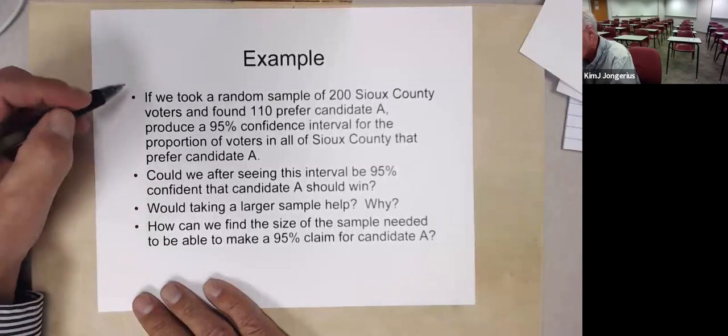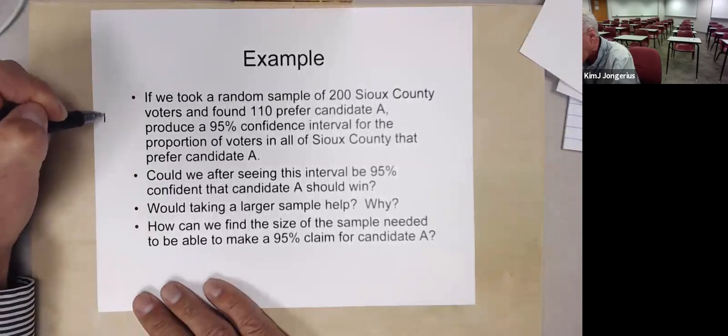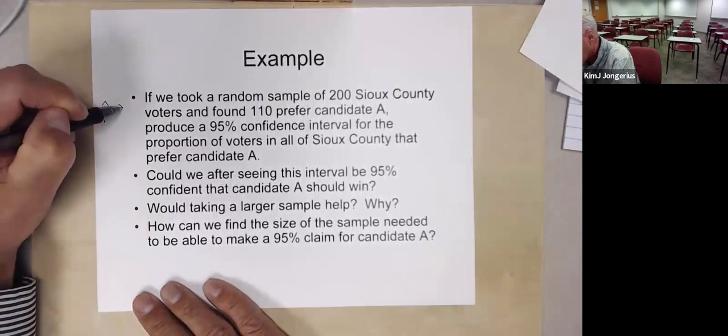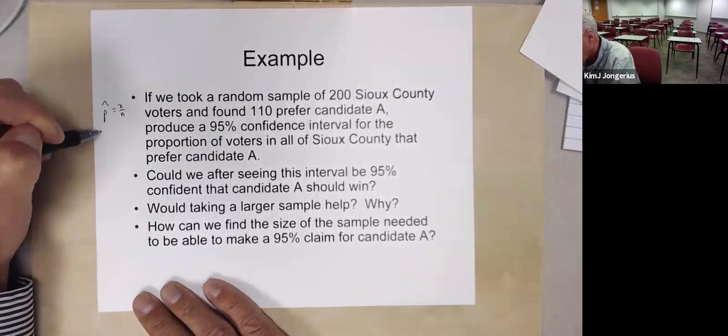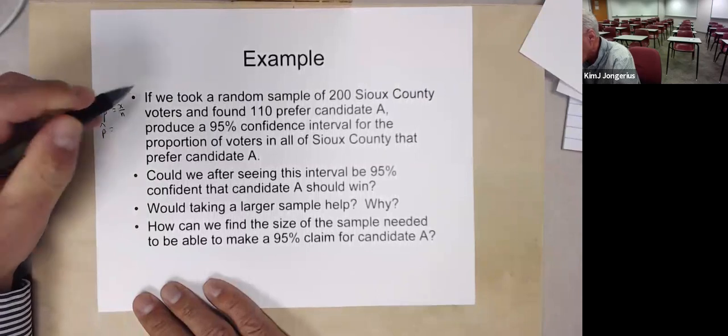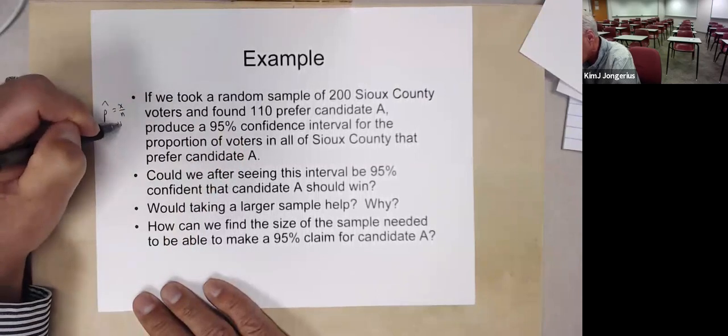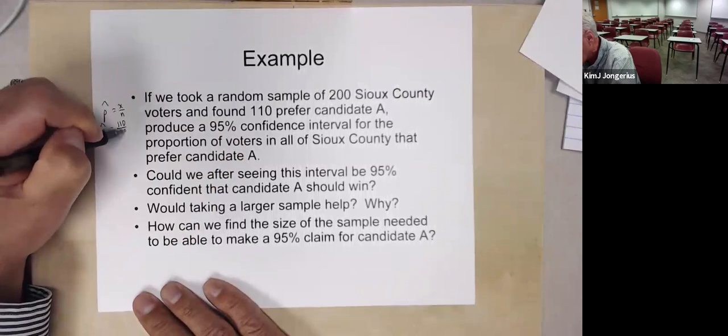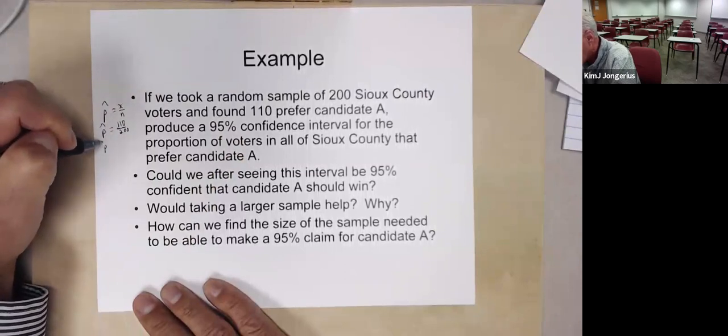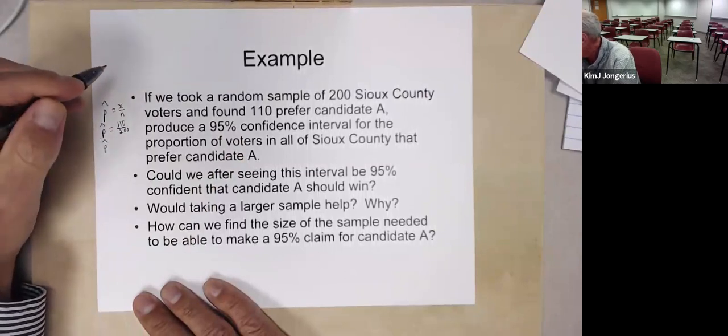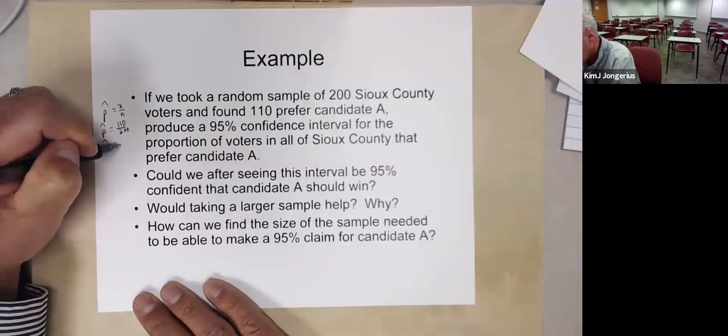So all I have to work with is p hat, which is x over n. So in this case, p hat is 110 out of 200. P hat then turns out to be 0.55.